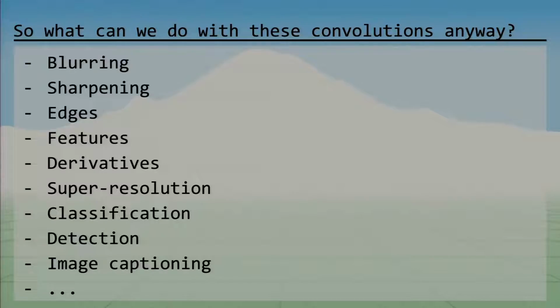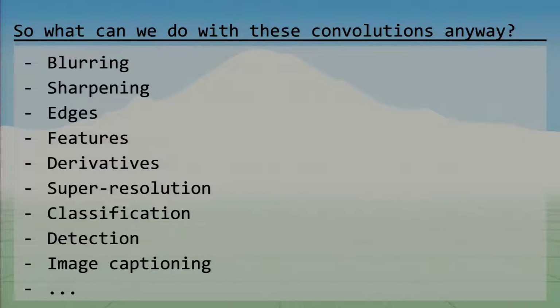So what can we actually do in terms of applications of these convolutions? It turns out just a ton of stuff. You guys have already seen blurring and sharpening. Today we're going to talk about edges and features and derivatives a little bit, but also all of the big problems that we're dealing with in computer vision are solved using mostly just convolutions of filters and then some little intermediate processing.